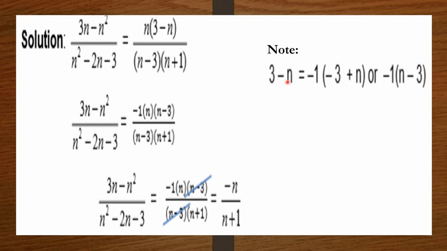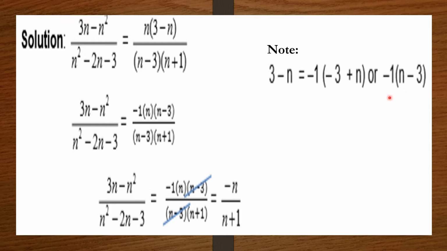It's written in the form negative 1, okay, multiplied by the quantity n minus 3. Kasi tingnan nyo ha, pag i-check natin by distributive property, negative 1 times positive n maging negative n. Tapos negative 1 times negative 3 maging positive 3. O, di ba parehas din lang pala yan? This is just rewritten in different form.